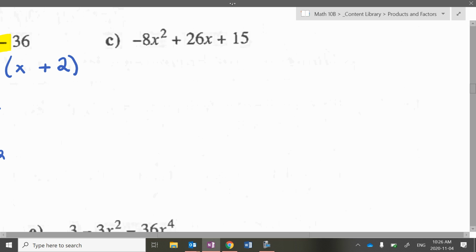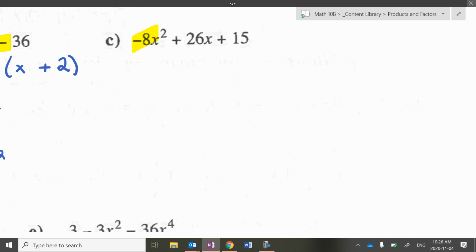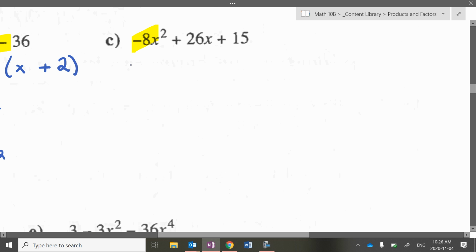But our first term is a negative. When your first term is a negative, factor out -1. So basically change all of your signs. So we get 8x squared minus 26x minus 15.